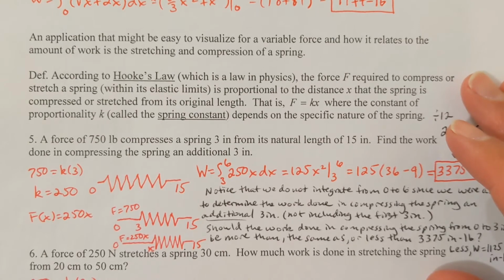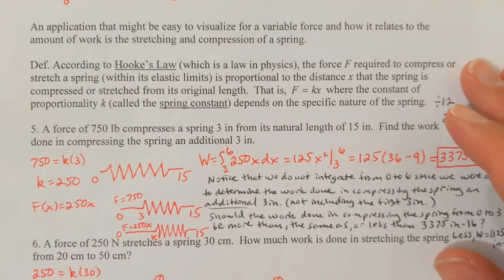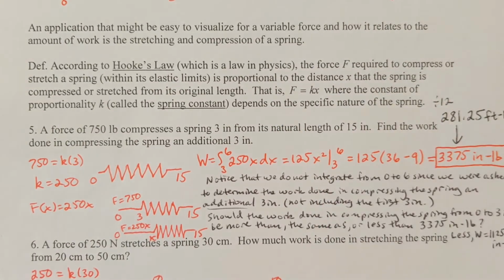So let's see, we did problem 4. One application that might be easy to visualize for a variable force and how it relates to the amount of work is the stretching and compression of a spring. Here's a definition.